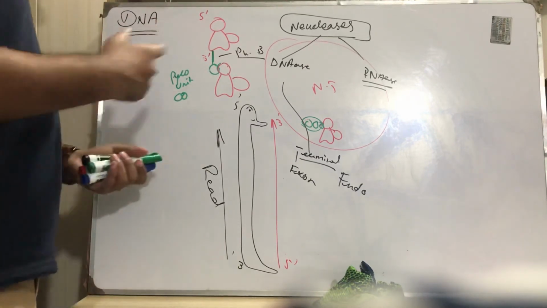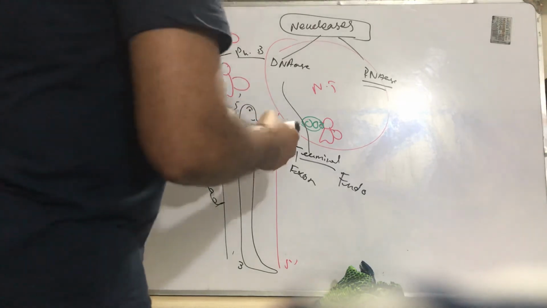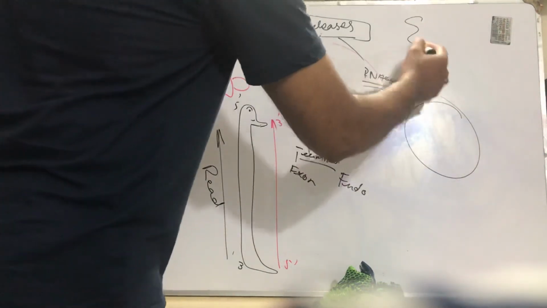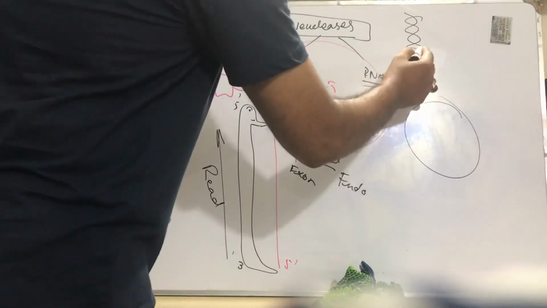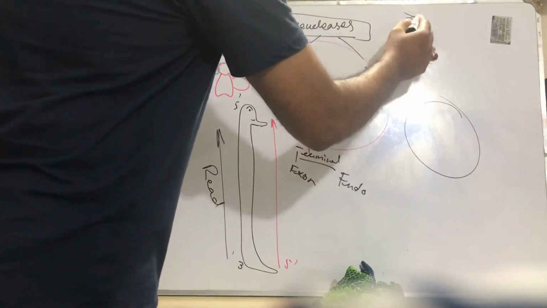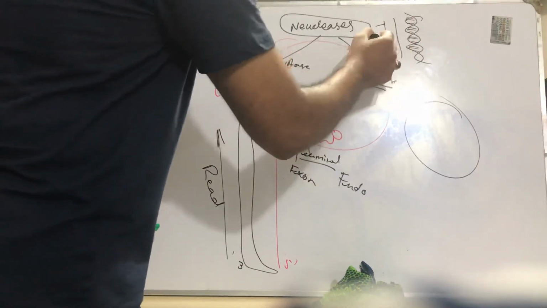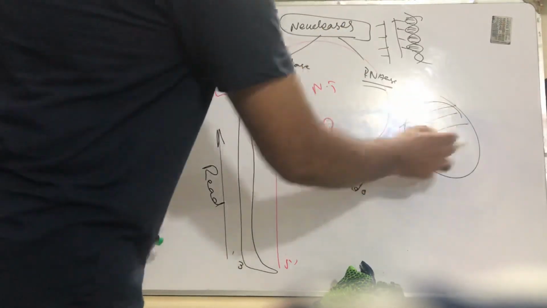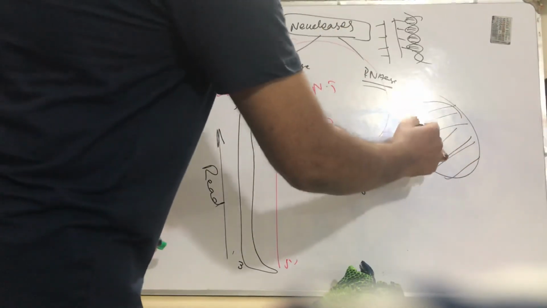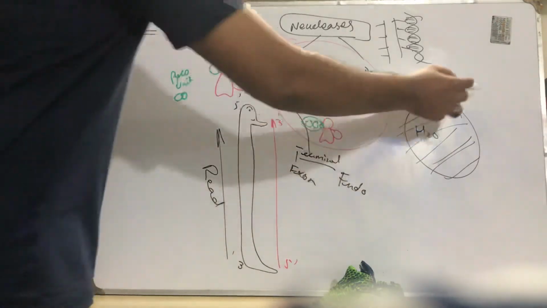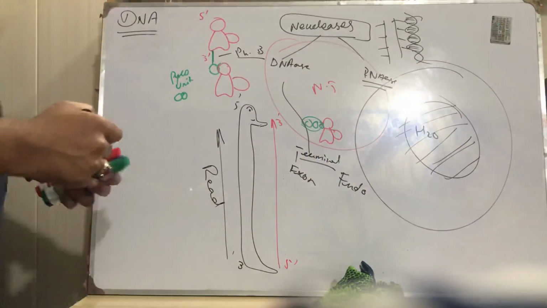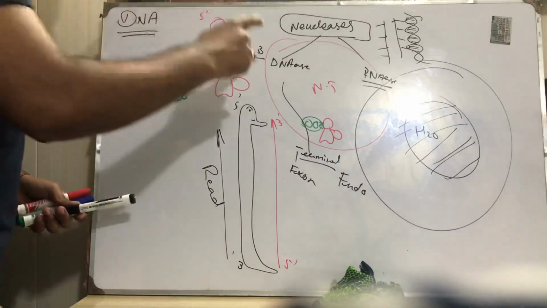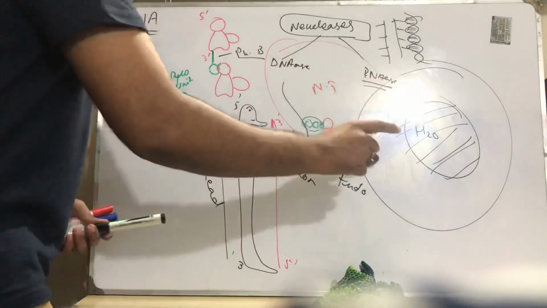One more thing, the last thing: why is DNA like this? Why are the nitrogenous bases inside? Why don't we have the DNA like this other way? Because the cell has water. The cell also has a nucleus, and inside the nucleus there is water.